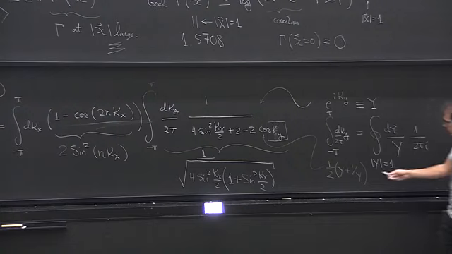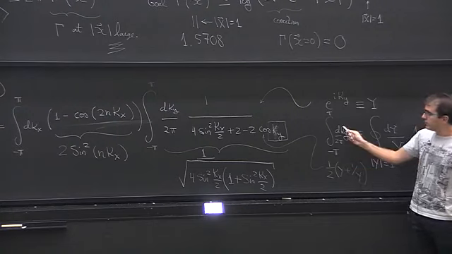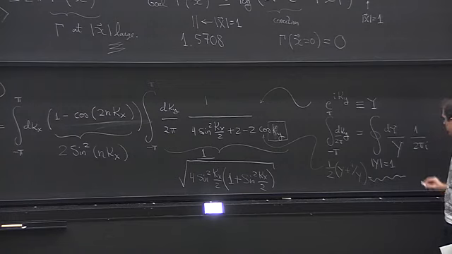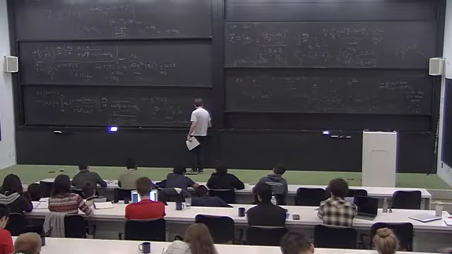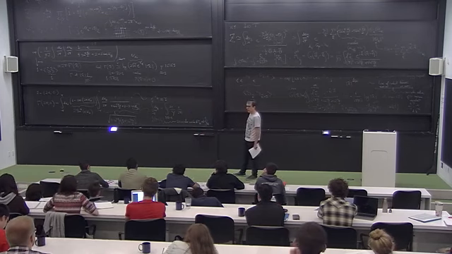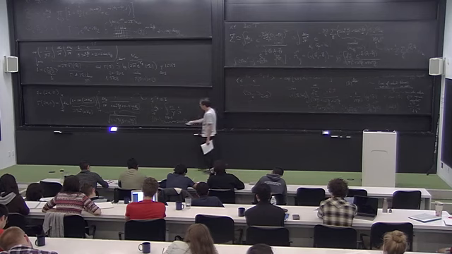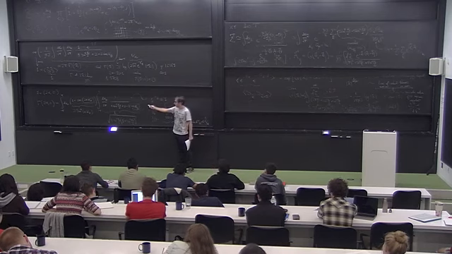And therefore, notice that because it's y and 1 over y, when is the denominator 0? We see that the denominator vanishes at some value y star and 1 over y star, because whenever y star is a solution, 1 over y star is also a solution. If the denominator is 0 at some value y star, when I replace y star by 1 over y star, cosine is invariant.